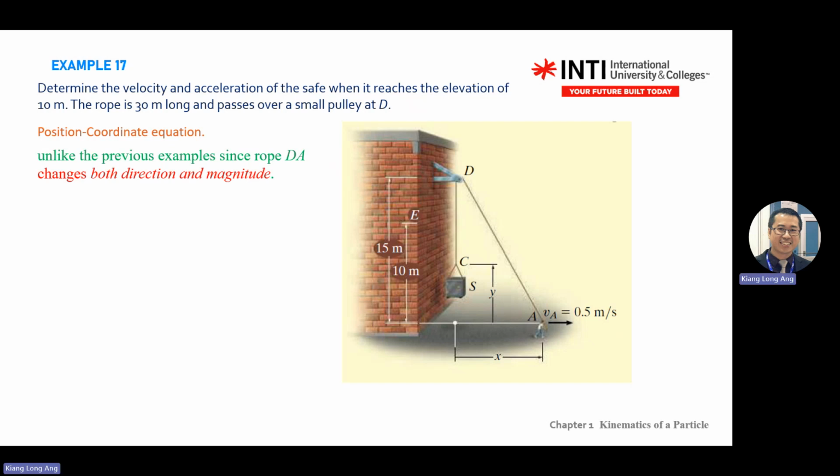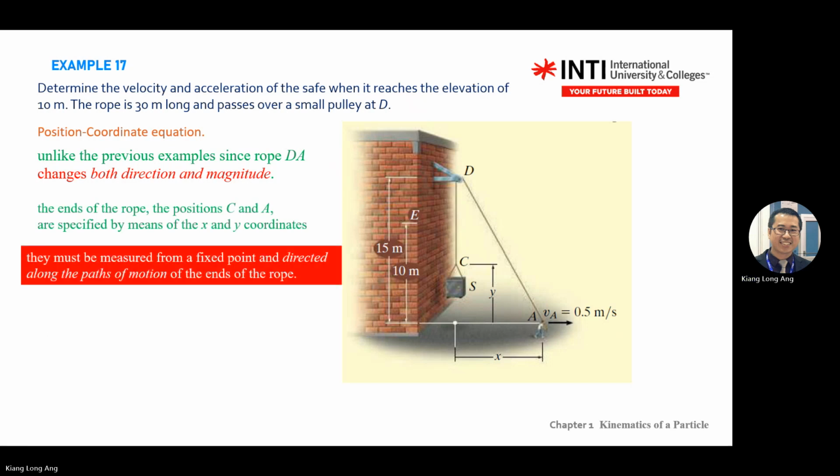This one is the previous example, you read it. Just highlight. The distances must be measured from a fixed point and match the scenario that you see in the case. The first statement gives you the total length.